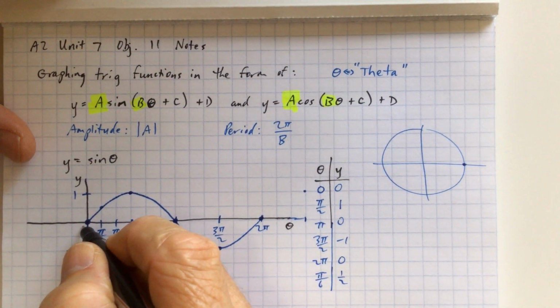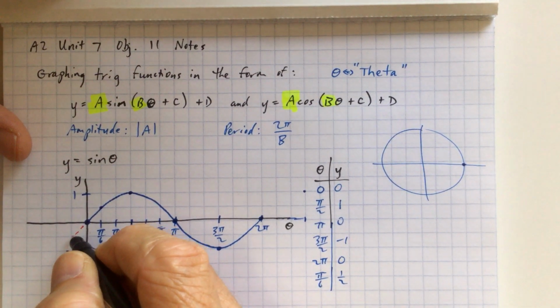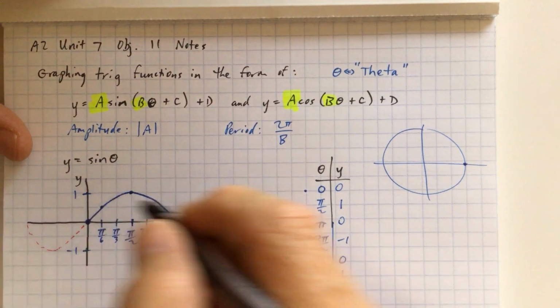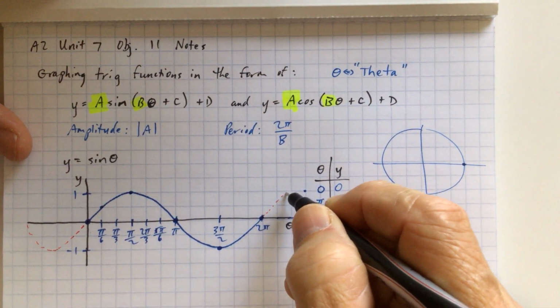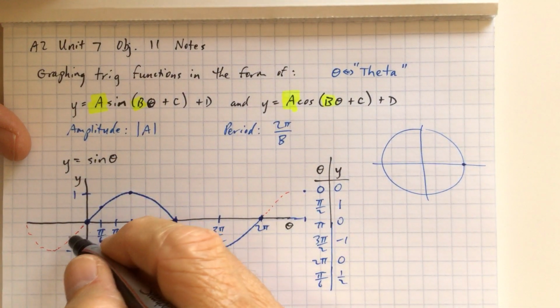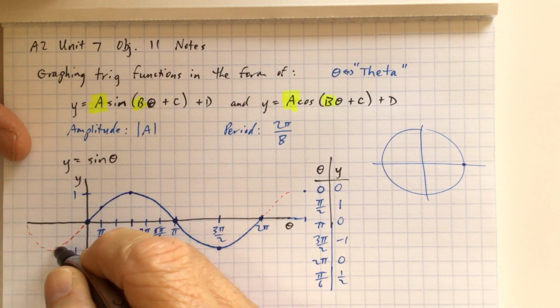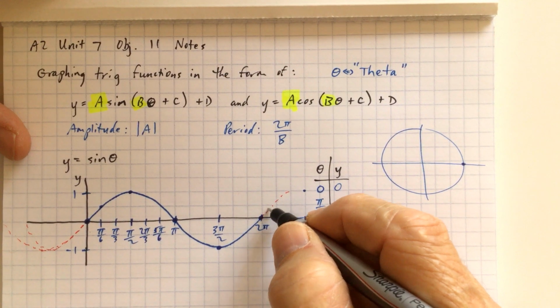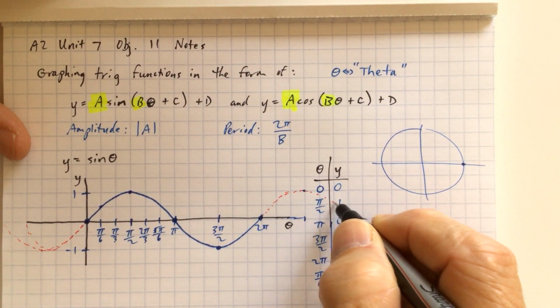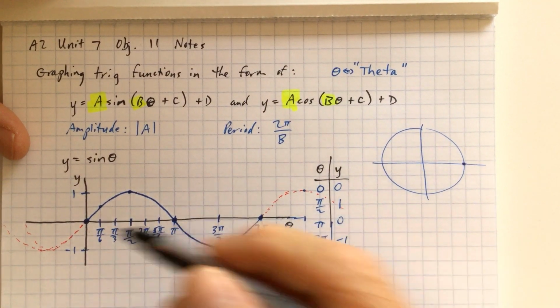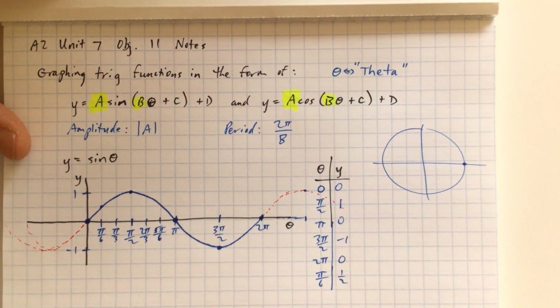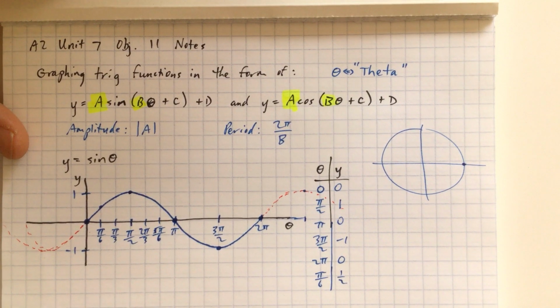So this actually goes over here to the left, and it goes up, and it keeps going that way, and it keeps going this way. It keeps going back and forth forever. In fact, the domain is all real numbers. But anyway, that's what the graph of the sine of theta would look like.